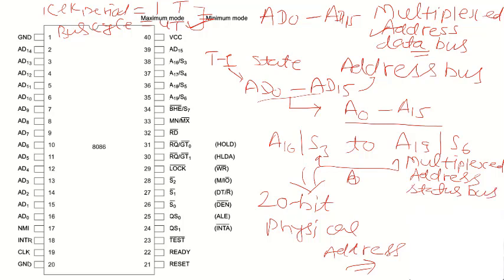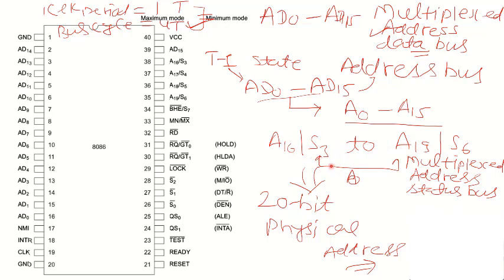So in the initial T state, the 16-bit address is carried by this address data bus and by this address status bus, and in the subsequent states, AD0 to AD15 will carry the data, and A16/S3 to A19/S6 will carry the status signals.